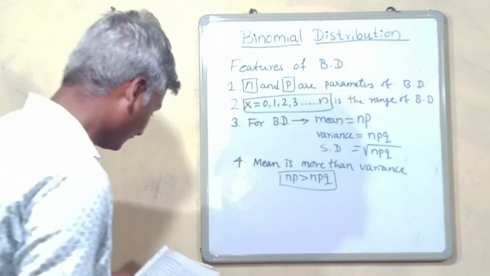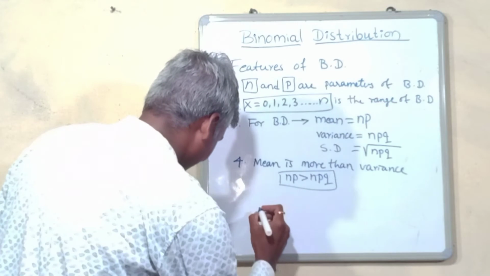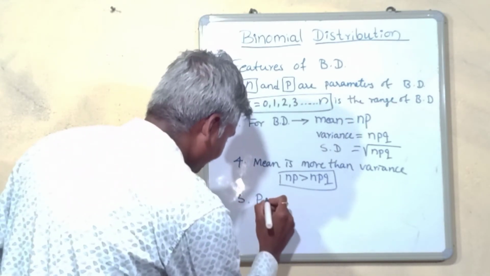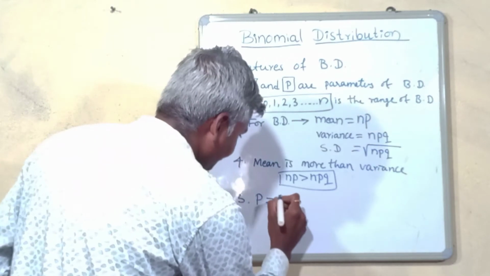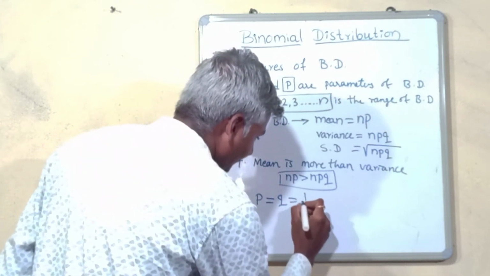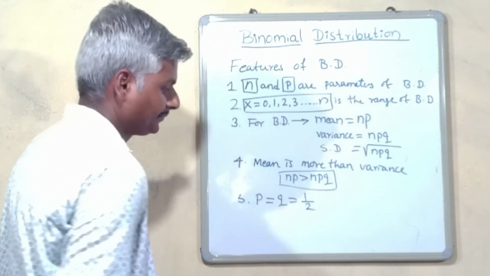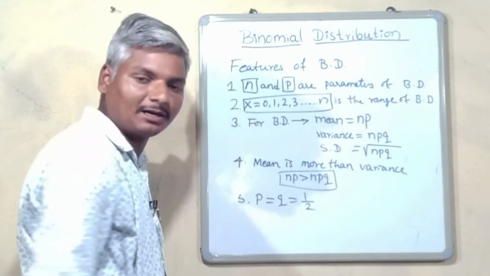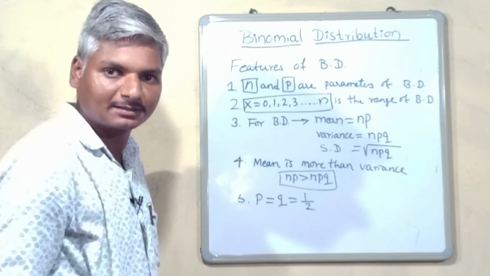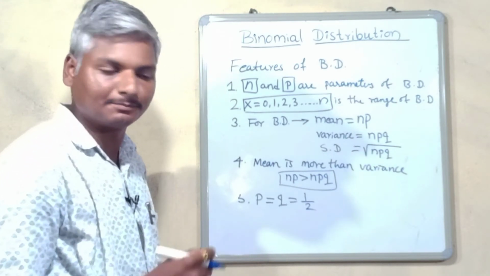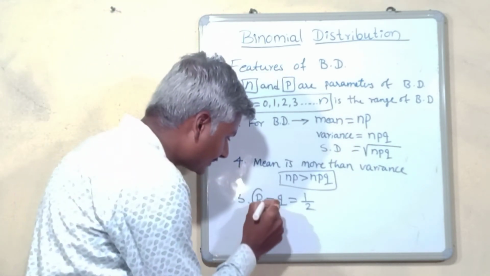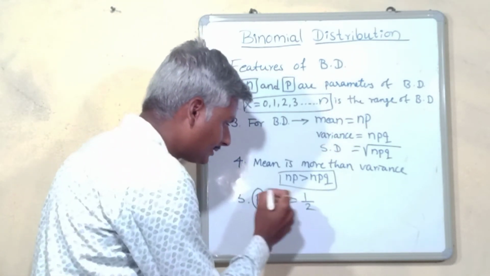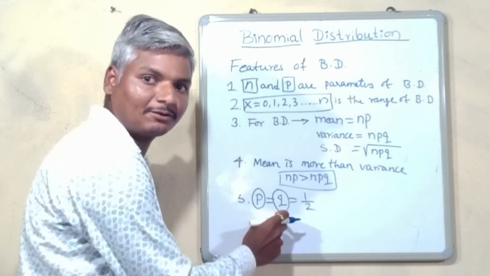And the fifth one is p equals q equals 1 by 2. p and q are the parameters, where p is the success of an event and q is the failure, happening and non-happening.